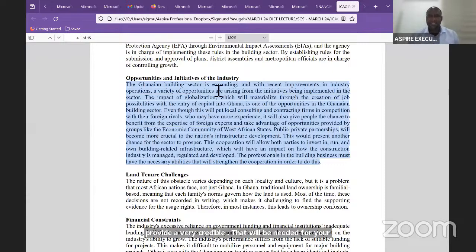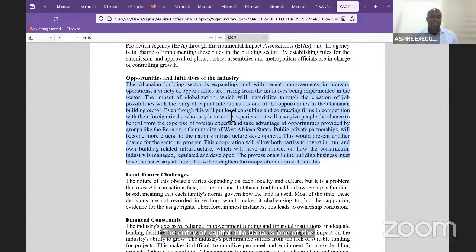Now, the building sector is expanding with recent improvement in the industry operation. A variety of opportunities are arising from the initiatives being implemented in the sector. The impact of globalization, which will materialize through the creation of job possibilities with the entry of capital into Ghana, is one of the opportunities in the Ghanaian building sector.